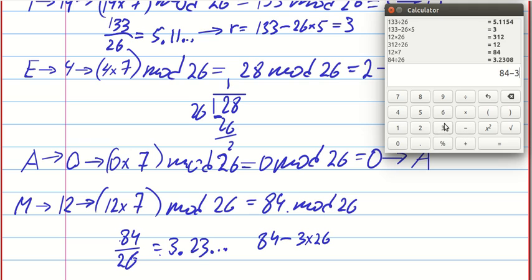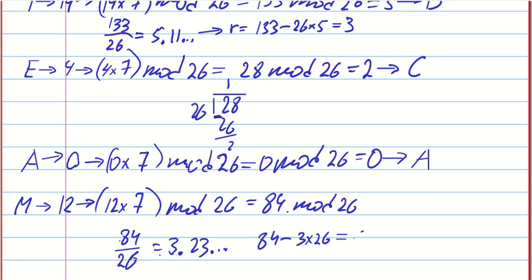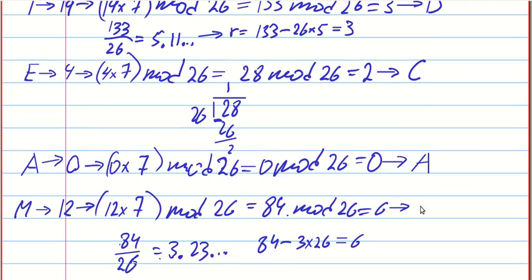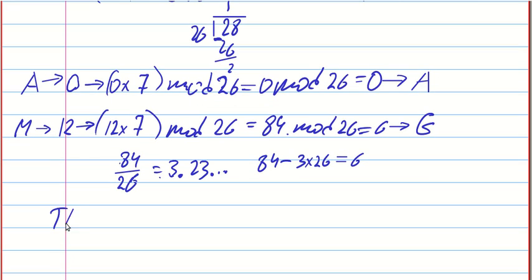So we get 6. So that means this is 6, and if we look it up, 6 is G.